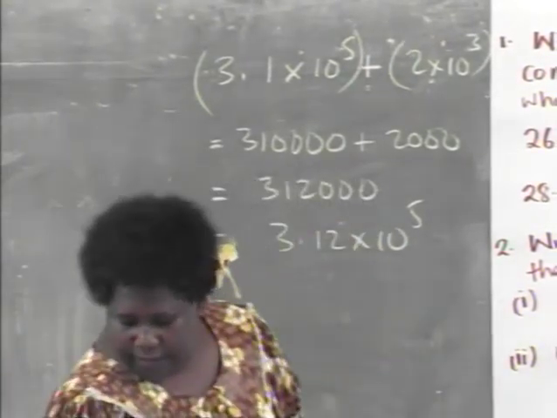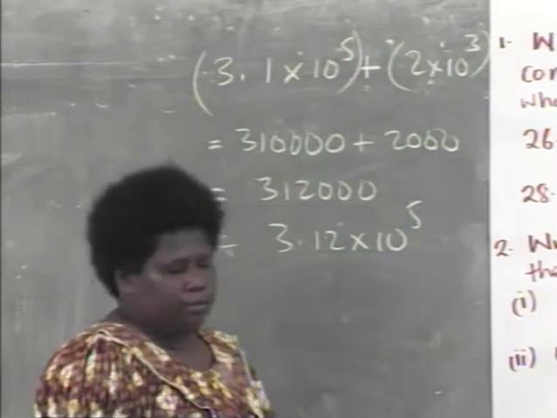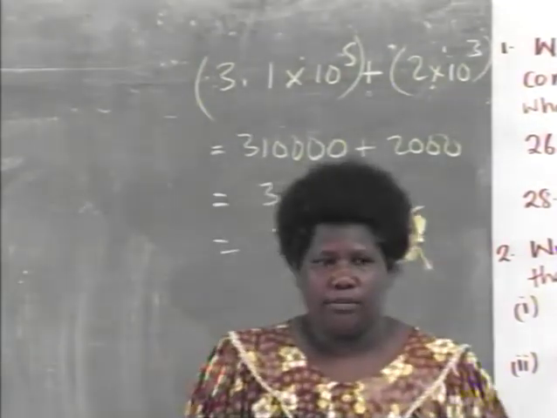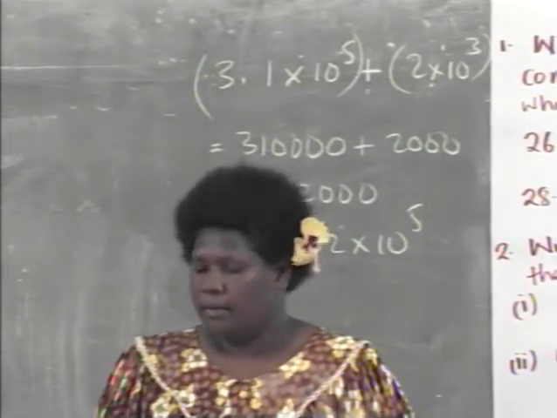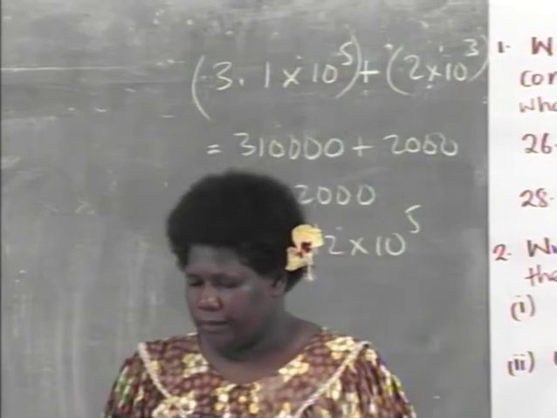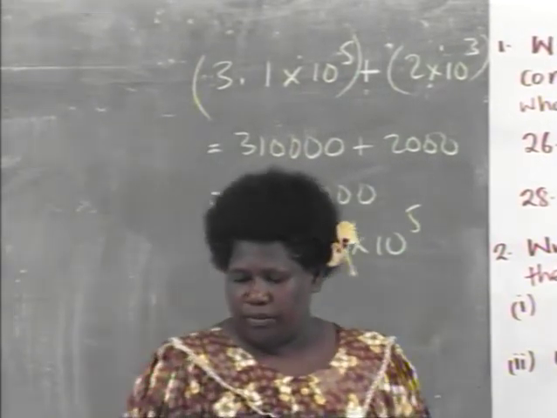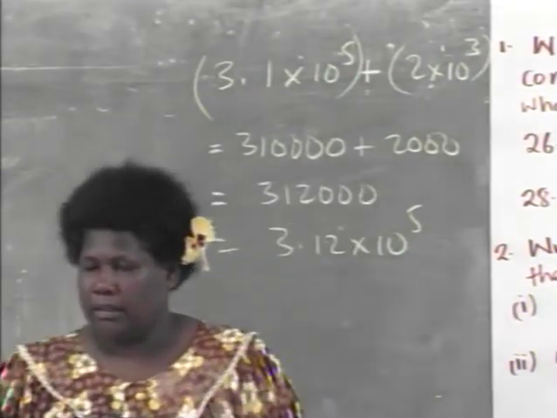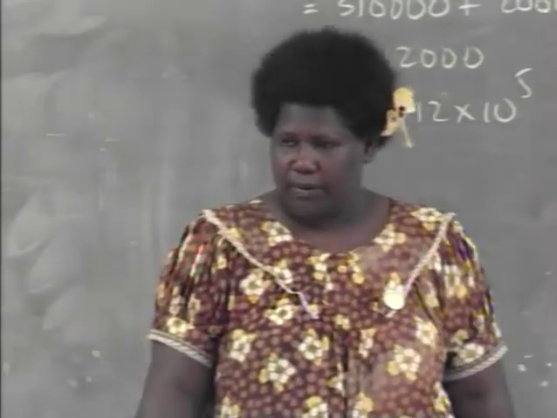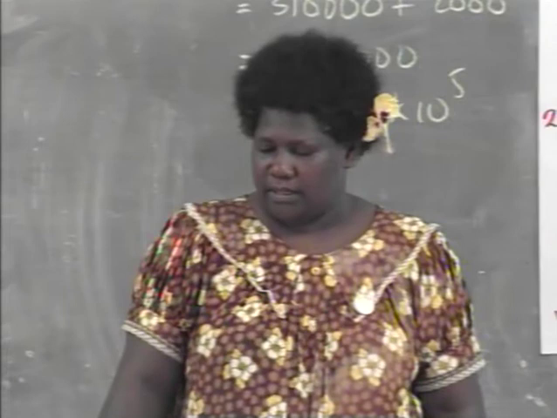If you divided, then you will have to divide 3.1 by 2. Who's got an answer to division if you've divided? Miriam? 3.1 divided by 2 and then subtract the indices. 1.55 times 10 to the power of 8. 1.55 times 10 to the power of? Did you add the indices?